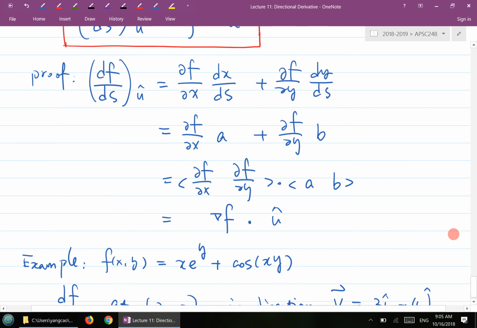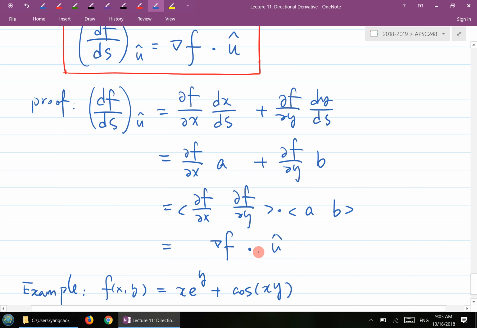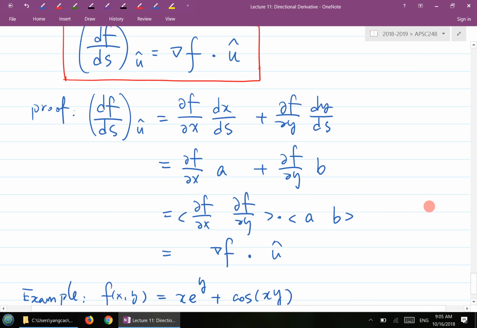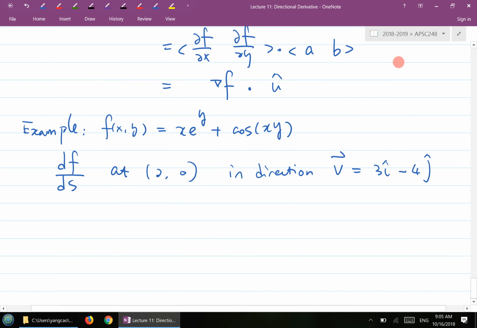Alright, so let's look at the formula here. We're going to stick to the formula exactly, okay? So what do I need to do? I need to calculate the gradient vector first, basically. So del f: here's your function f, partial f partial x, partial f partial y. Again, you have to brush up on the partial derivative concept if you want.